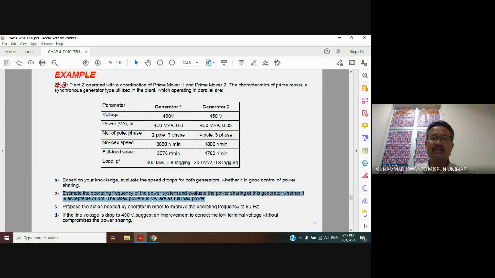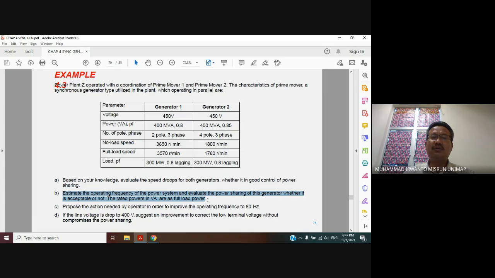The rated power in VA is the full load power, because we want to find the slope of power frequency. The slope of power frequency is equal to the full load power over the no load frequency minus the full load frequency.